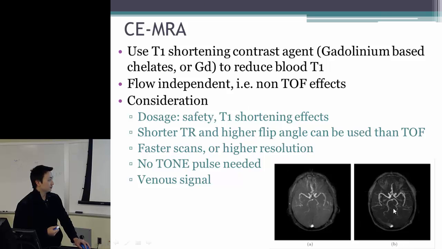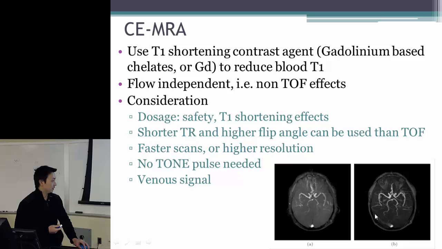We can see from the MIP, maximum intensity projected images here, in this top image, we can still see a gray background from the tissues, while in this contrast-enhanced image, with shorter TR and higher flip angle, the background tissue is further decreased, suppressed or saturated.